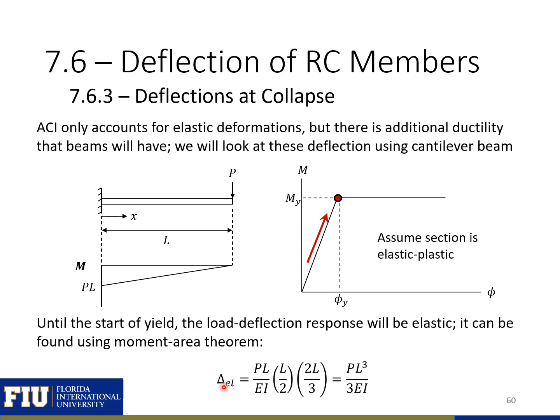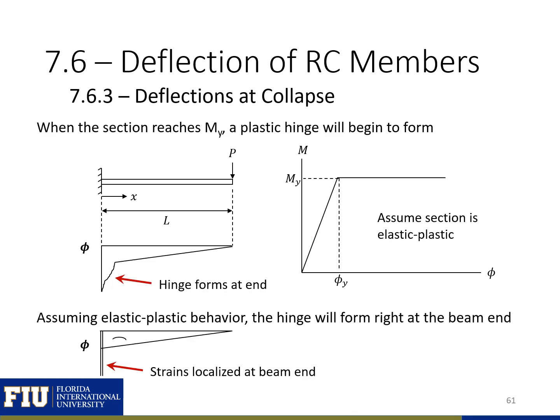We can find our deflection then using our moment area theorem, and we just find that our deflection is equal to PL cubed over 3EI. When our section reaches My at the end, we're going to have a plastic hinge that begins to form at the end of the beam.